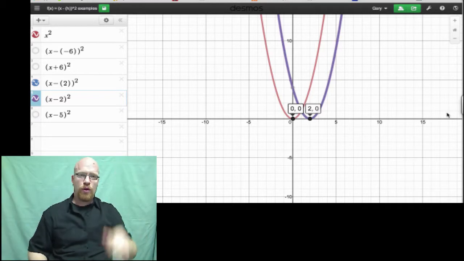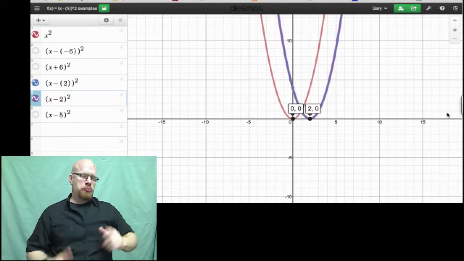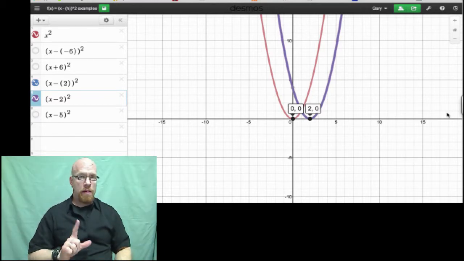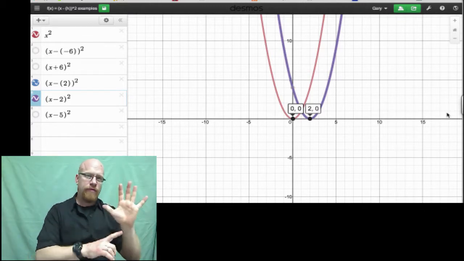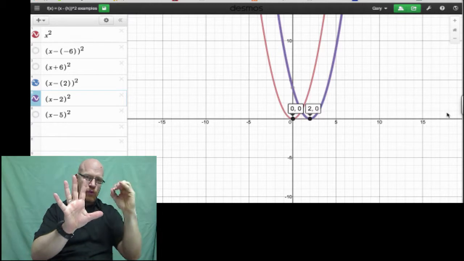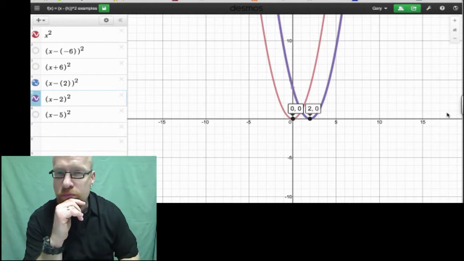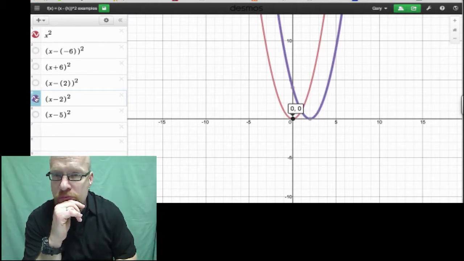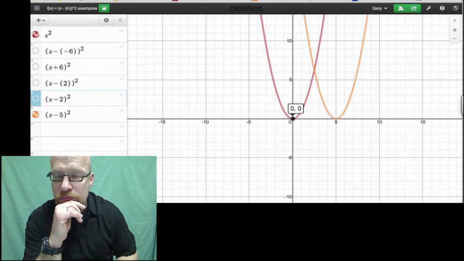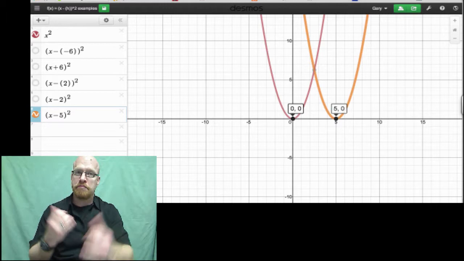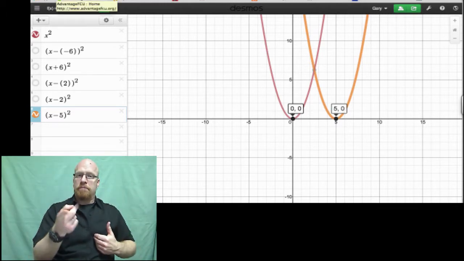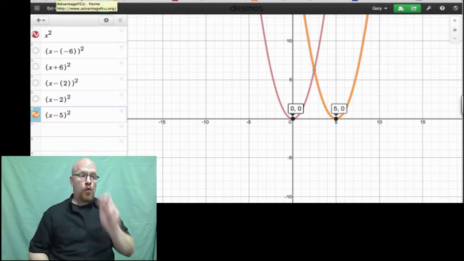The last one on the list, x minus 5 quantity squared. You should have a feeling of where this is going to go. It's not going to shift left, it's going to shift right 5 units. Now you can see the vertex.